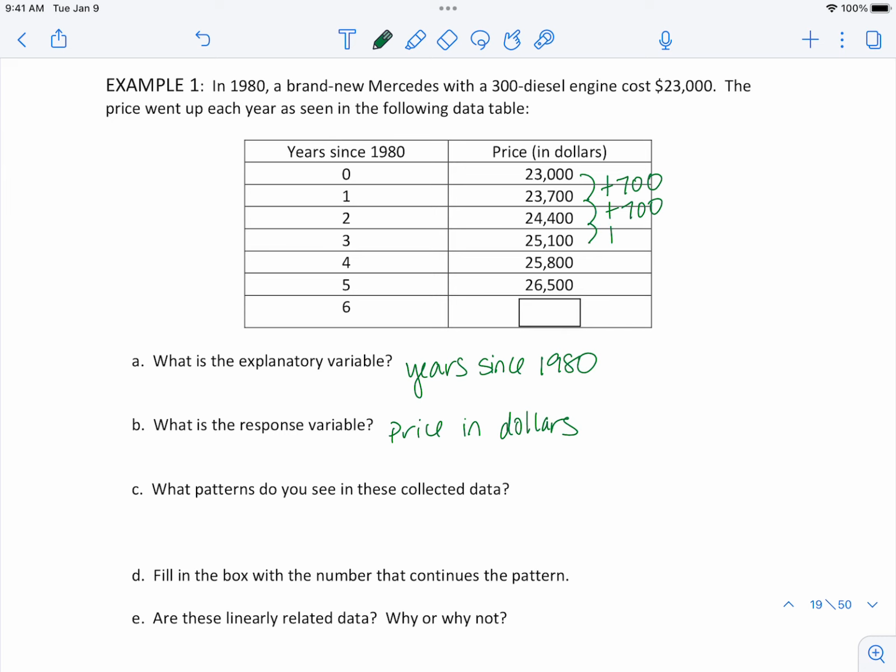And if we keep looking at the numbers, we can see that every year we're increasing by $700. So the pattern we see is every year the price increases by $700.